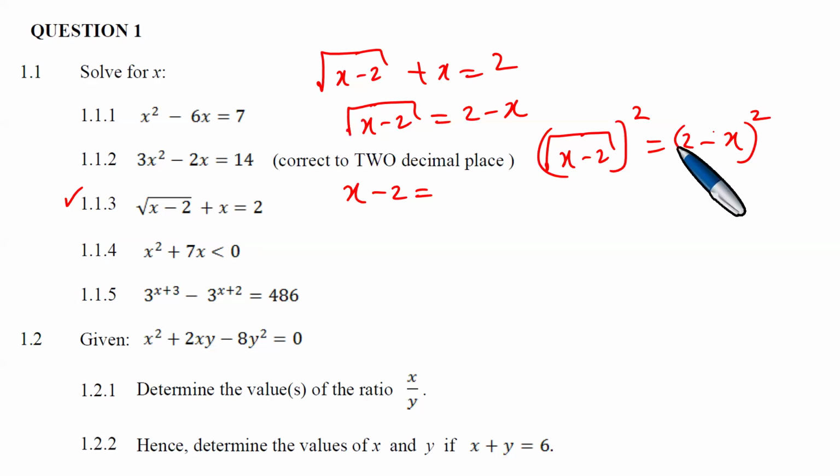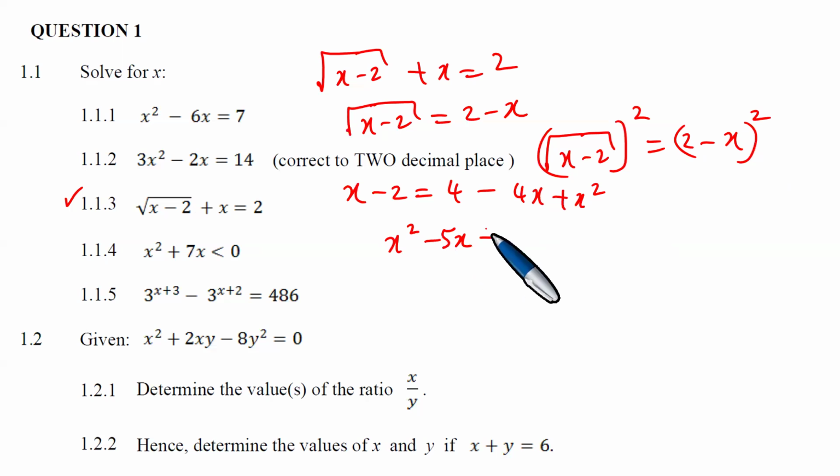We square this, and if you square 2, you get a 4 minus 2 times minus x times minus 2, minus 4x plus x squared, which means it is x squared. We have minus 4x minus x, which is minus 5x, and then you add 2 to get a 6, and this is equal to 0. I'm going to be quick in factorizing this.